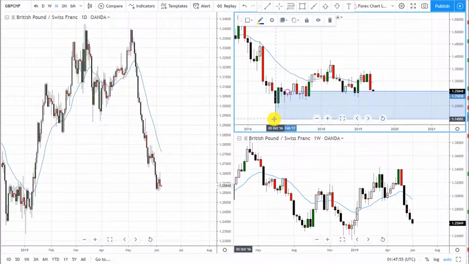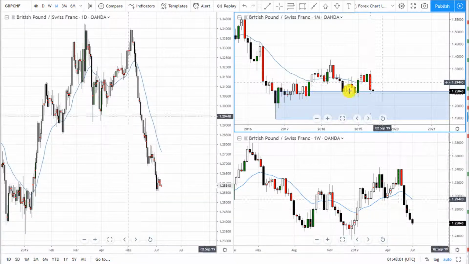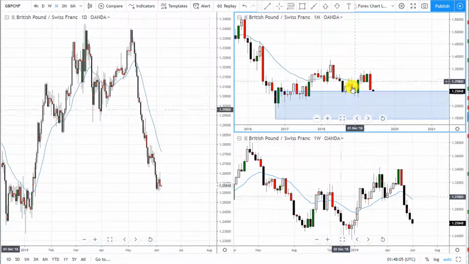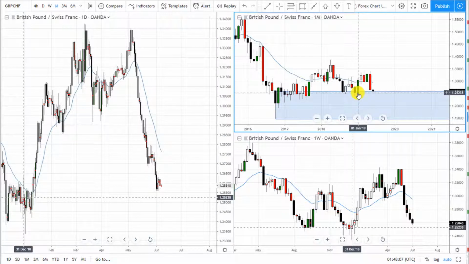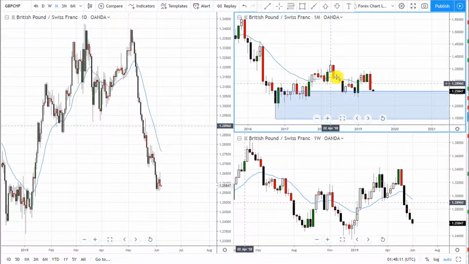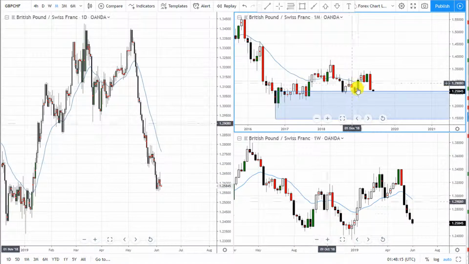Probably draw this whole thing, which is not very strong, but price still held on this zone. As you can see, back in July and August 2018, price held, and then beginning of this year, price held again. But as you can see, it's not very strong. It created here and then it was tested here and here.